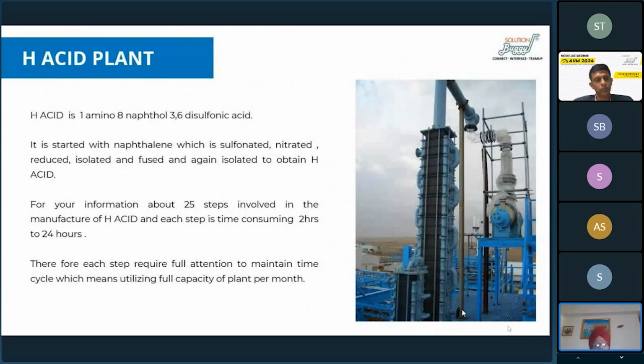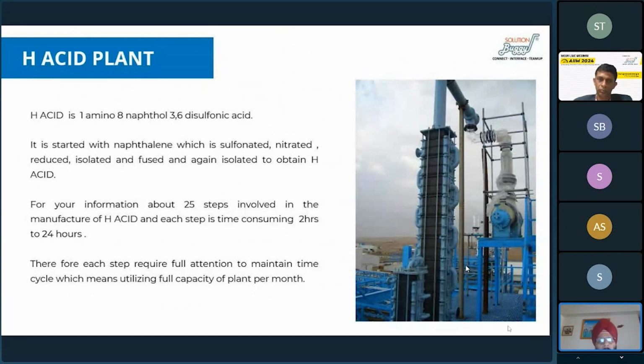So for your information, about 25 steps are involved in the manufacture of H acid, and each step takes about 2 to 24 hours. Therefore each step requires full attention to maintain the time cycle, which means utilizing the full capacity of the plant per month. In one or two industries, I have seen the plants running at about 50% capacity because their time schedule was not maintained.